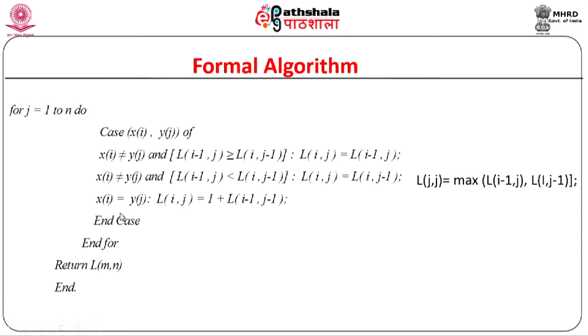As we have seen earlier, if the characters match, it is simply 1 plus L of i minus 1, j minus 1. If there is a mismatch, we find the maximum of L of i minus 1, j and L of i, j minus 1, and we put that into the table. We repeat this for n, the length of the strings, and finally L of m comma n is going to give you the final result.